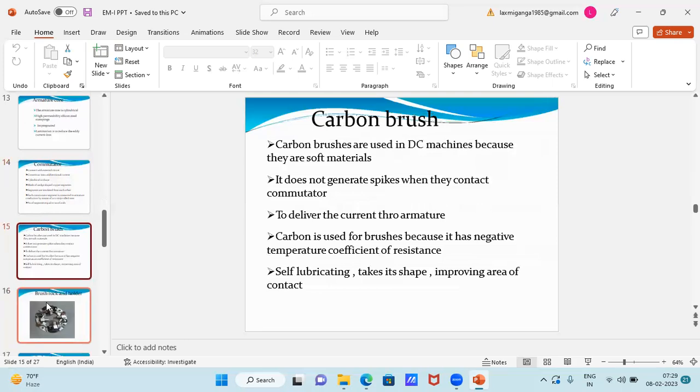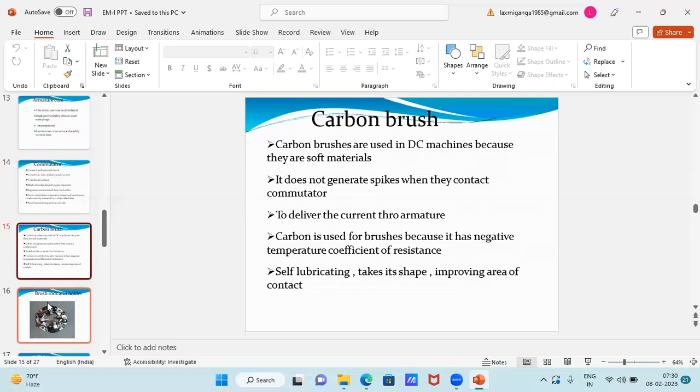Carbon brushes. Carbon brushes are used in a DC machine because they are soft material. They do not generate spikes when they contact the commutator to deliver the current through the armature.